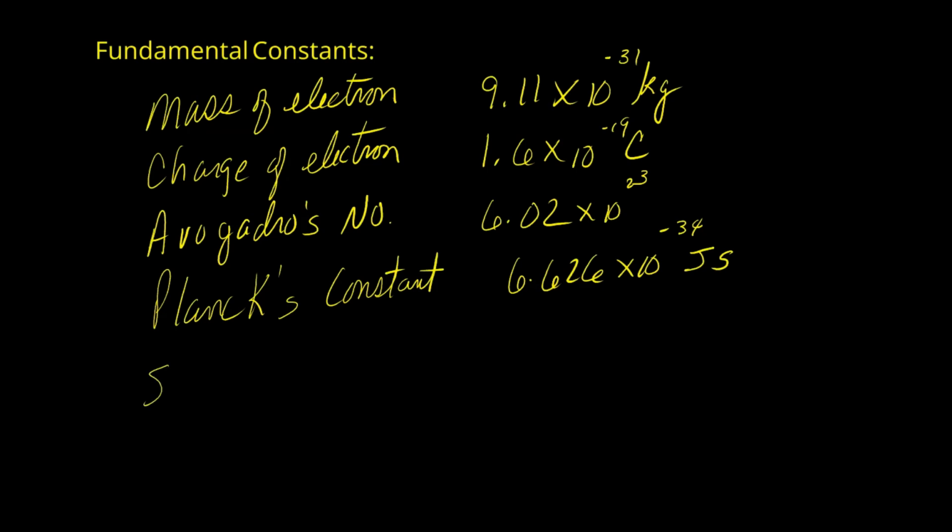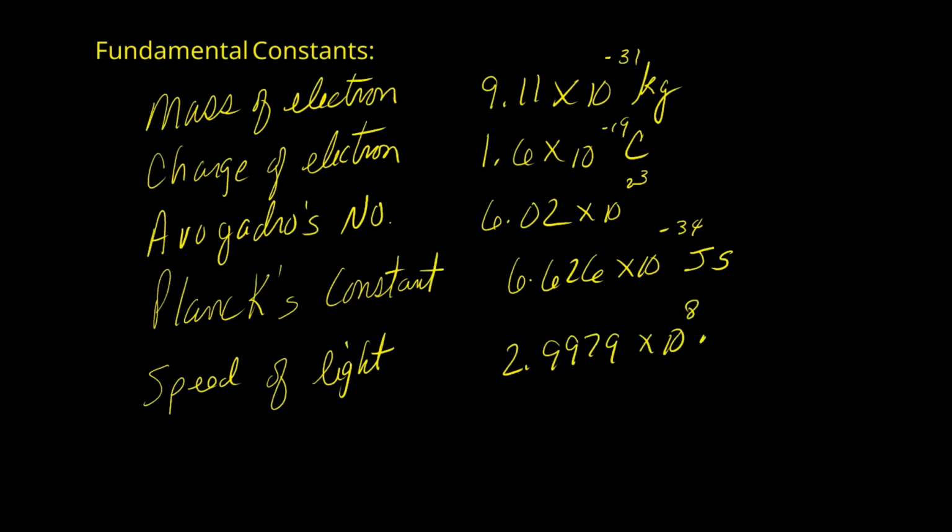The speed of light, 2.9979 times 10 to the 8th meters per second. Most people will say 3 times 10 to the 8th.